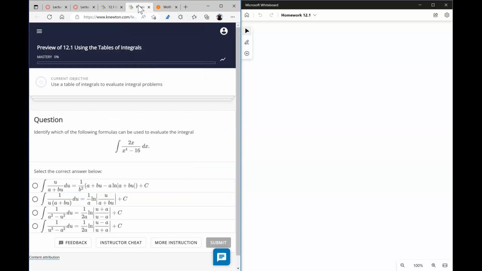So here's what the homework looks like, and the question is pretty straightforward. We are asked to identify the pattern and use the correct formula.